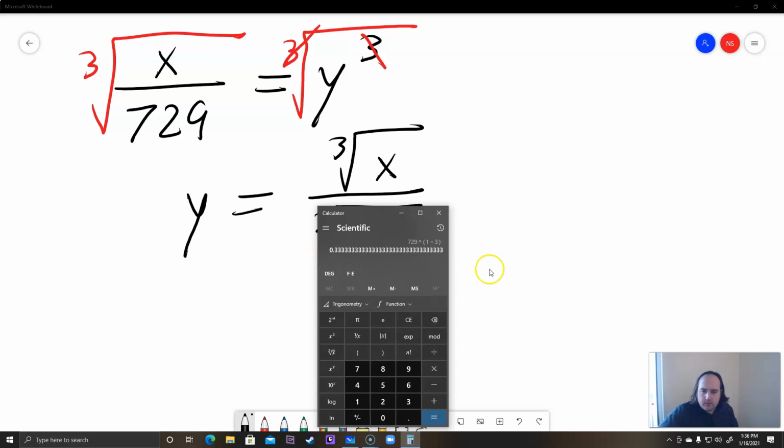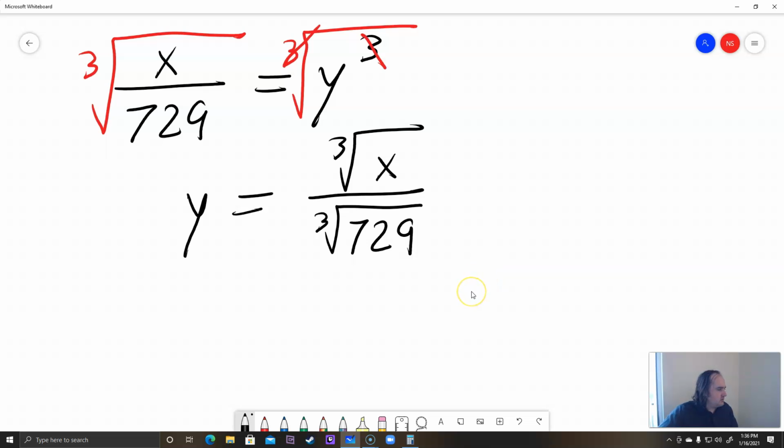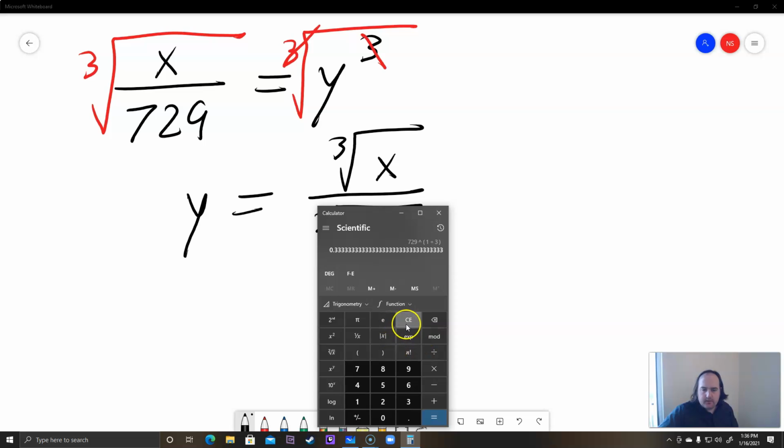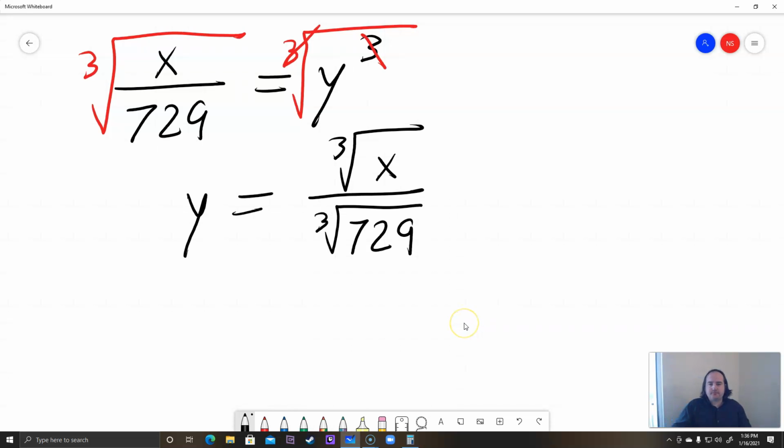That can't be right. Maybe I'm not using this calculator correctly. Well, it's saying it's 0.333, which is 1/3. Well, I guess it's 1/3 then.